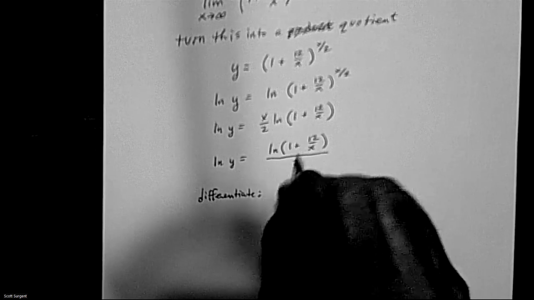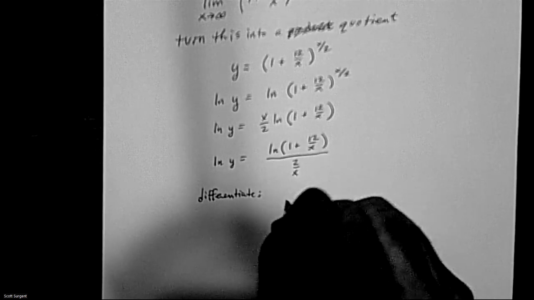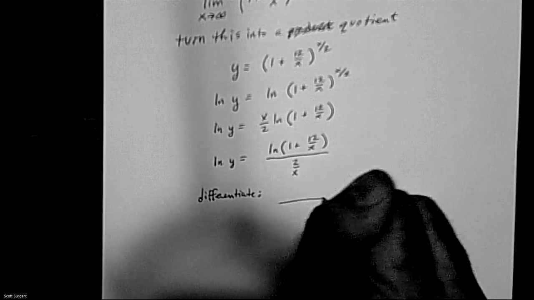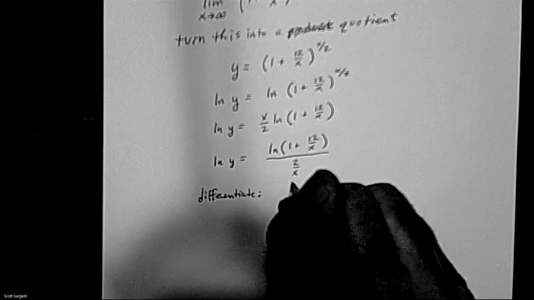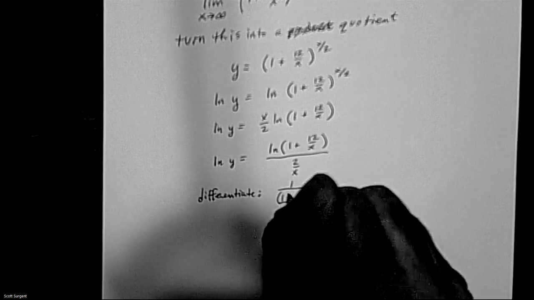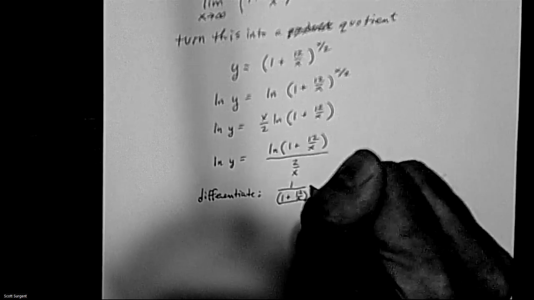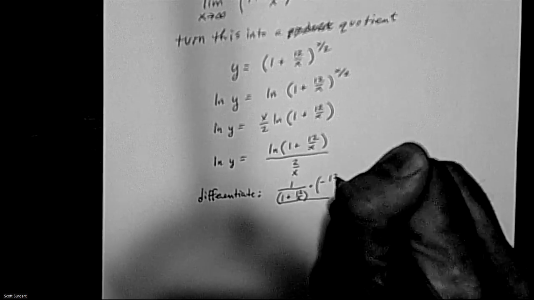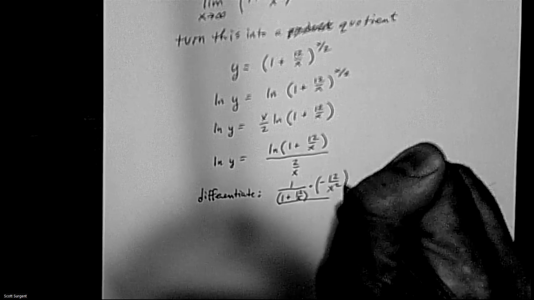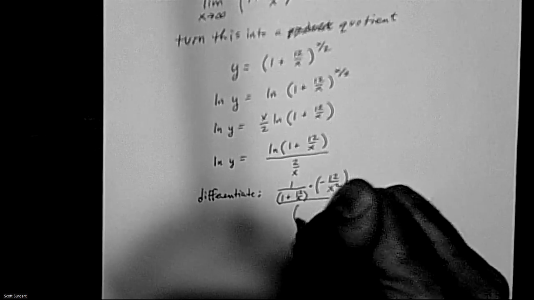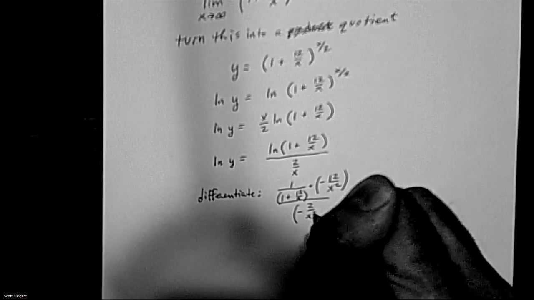And we don't use the quotient rule. We just simply differentiate them in place. And it's going to be messy. It's going to be 1 over the quantity 1 plus 12 over x. And then the chain rule, you have to take its derivative. That's going to be negative 12 over x squared. And on the bottom, the derivative is going to be negative 2 over x squared.